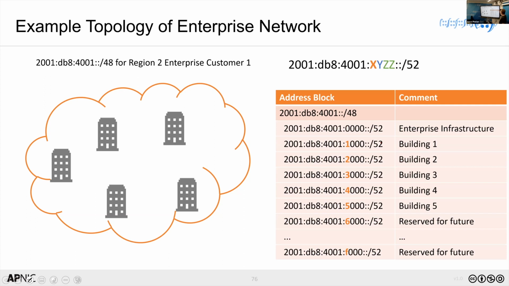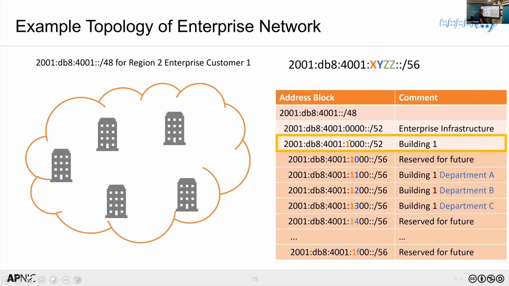So if we have a look at it here, we've got my enterprise infra coming out of that first /52. Then we are allocating a /52 per building. So 15 buildings. Within each building, we're allocating a department. And each department can have up to 256 VLANs.